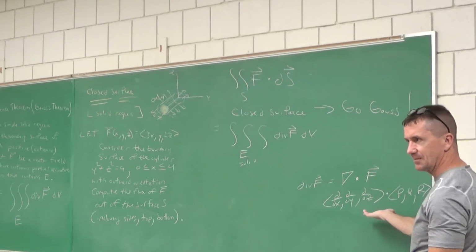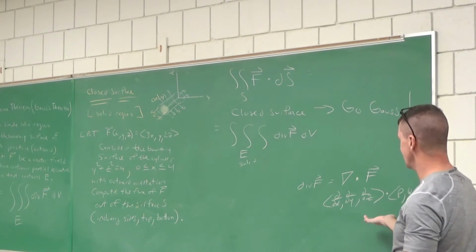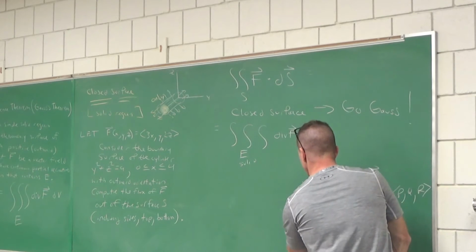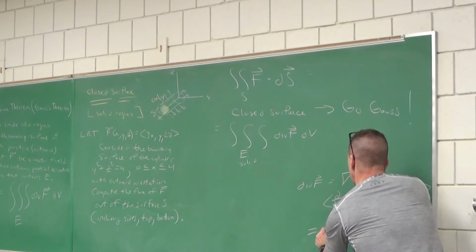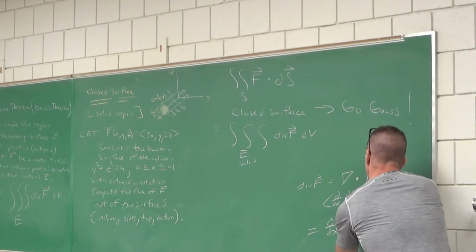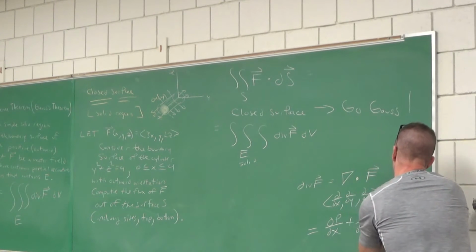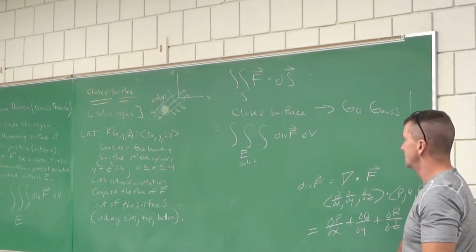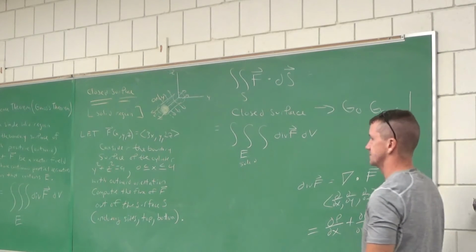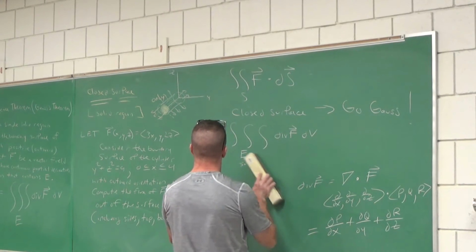But do the dot product, because it comes out really nice. This isn't a cross product. You're going to love Gauss's divergence theorem. This is just the derivative of the P component with respect to x plus the derivative of the Q component with respect to y plus the derivative of the R component with respect to z. All right, let's try it. What do I get?